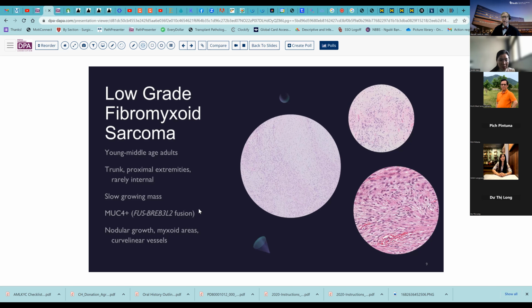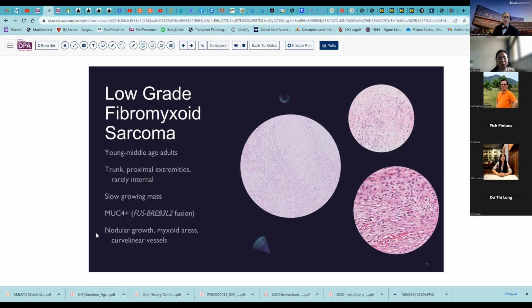It's usually one driver mutation, a fusion or something, or rearrangement sort of thing that is responsible for the tumor. Now, the classic description of this tumor is that of nodular growth with alternating cellular and myxoid areas and sort of curved or curvilinear blood vessels.